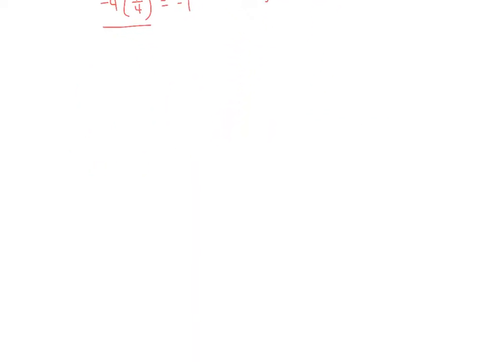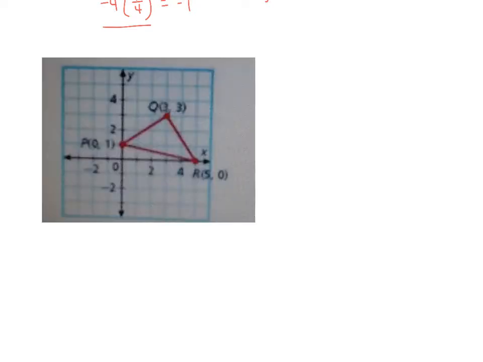Well, we have another little geometry application. They want us to prove that PQR is a right triangle. That's the goal here. So what we're going to do is find the slope of PQ and QR.